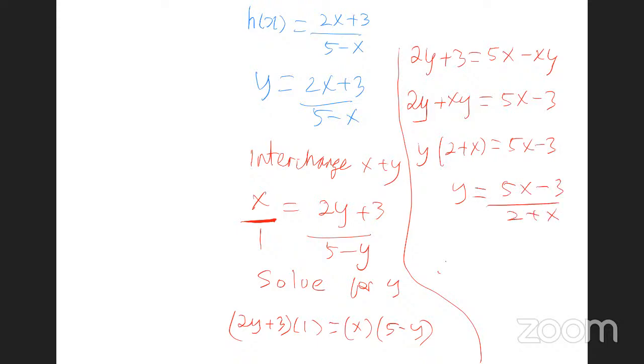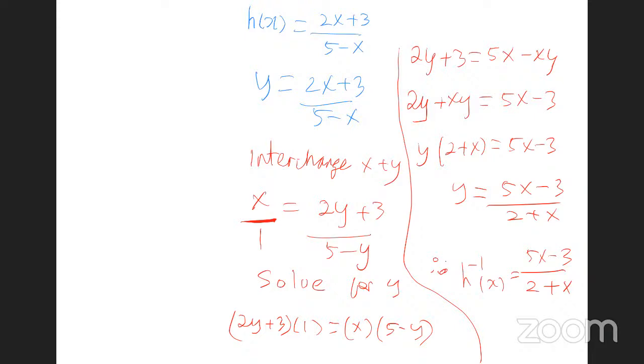All right. Now that makes some sense, right? So again, h inverse x is equal to. If you do have this, check and see if all your signs are different. If all your signs are different, you're good to go.